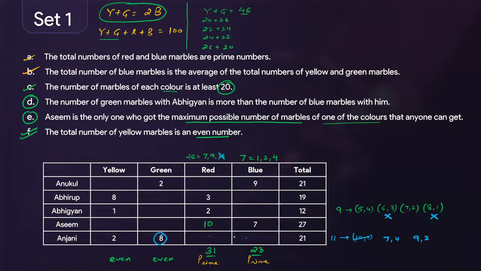So which one should I be writing? 7 2 is not possible because 2 is also there now. Okay.